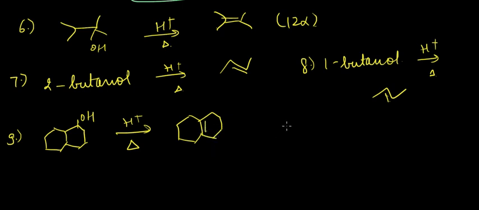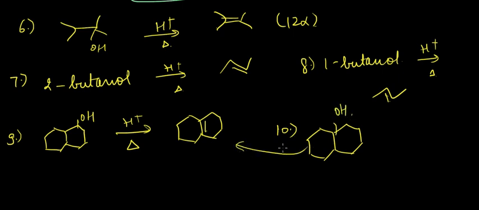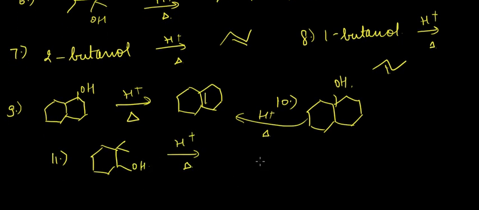Okay, 10th example, what if we have something like this? Again this product, H plus heat. What if we have something like this? H plus heat. What would be the major product? This would be major product.